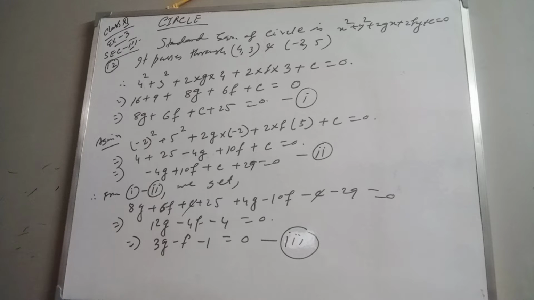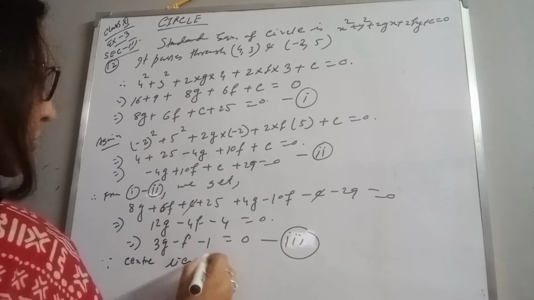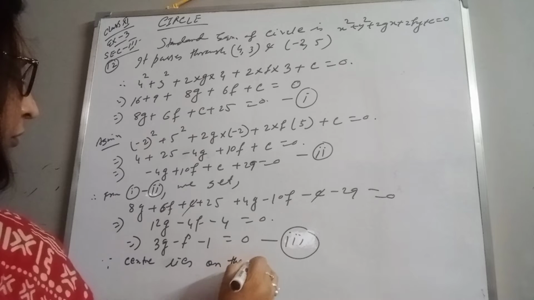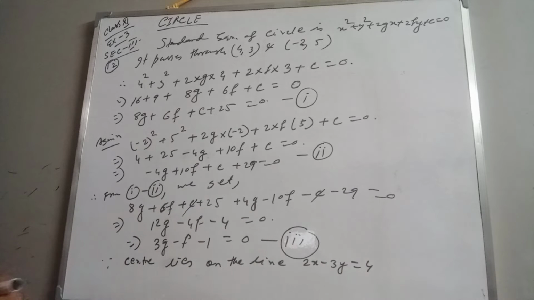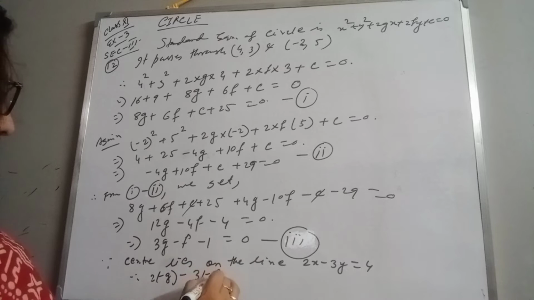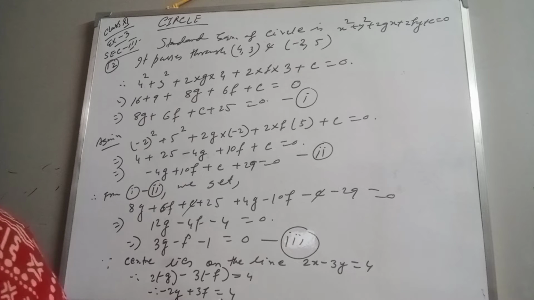Now, since the center lies on the line 2x minus 3y equals to 4, and the center we know is (-g, -f), therefore minus 2g plus 3f is equal to 4.